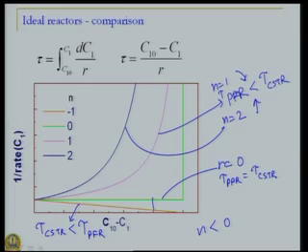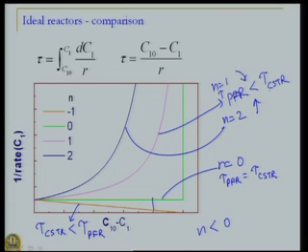So, to recap, for all values of n which are greater than 0, that means the rate of reaction increases as concentration increases, whether it is linear or non-linear is immaterial, the plug flow reactor will be better than a CSTR.